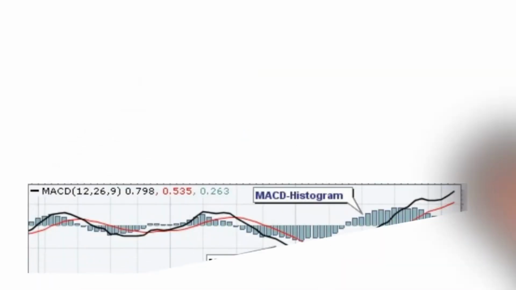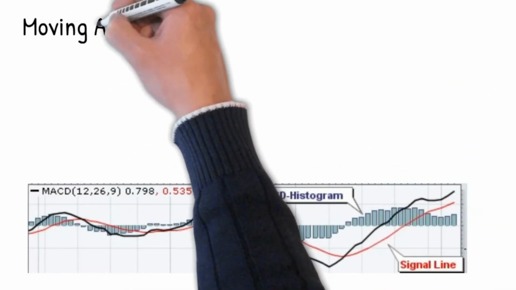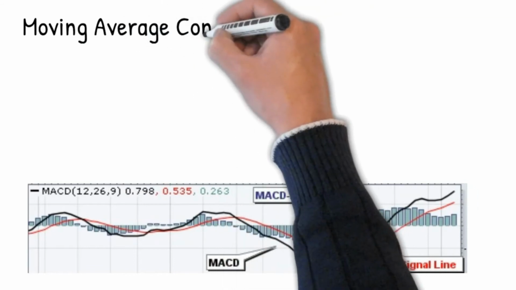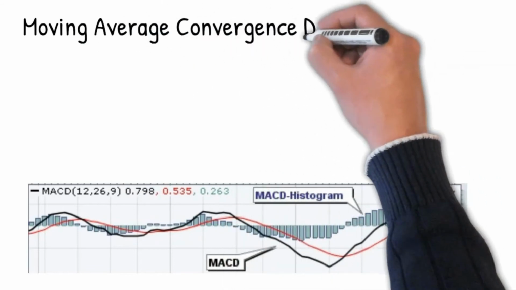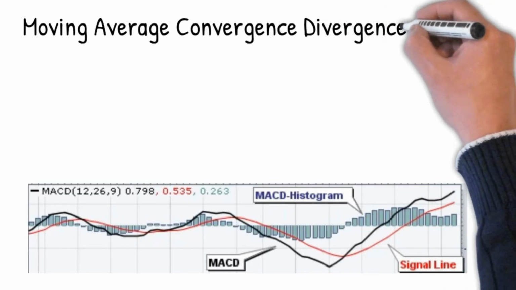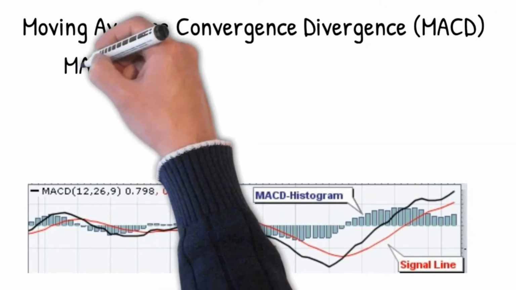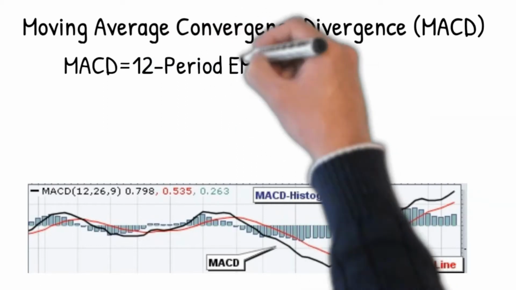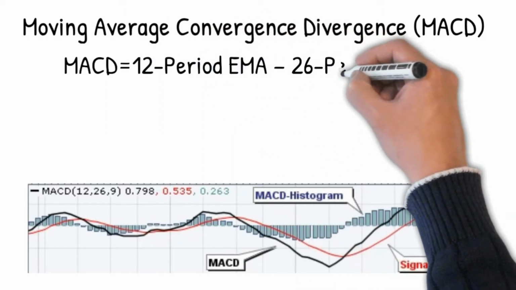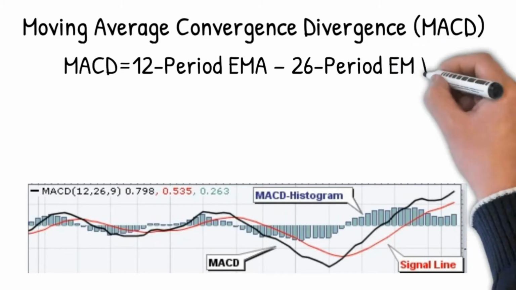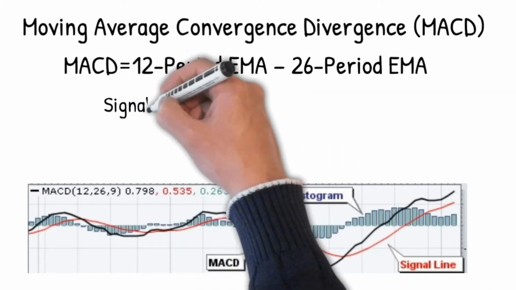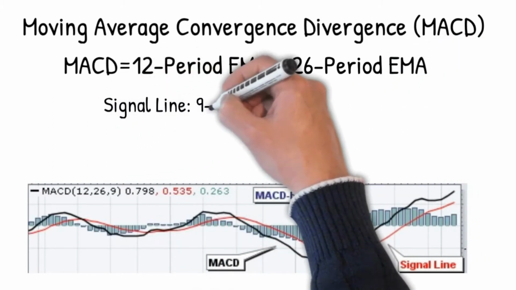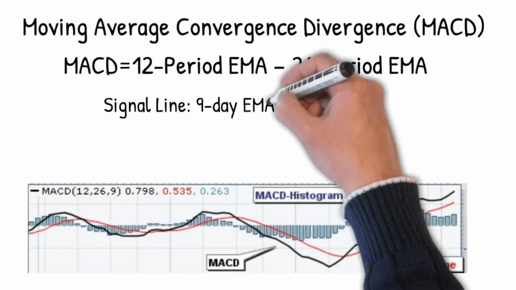Moving Average Convergence Divergence, MACD, is a trend-following momentum indicator that shows the relationship between two moving averages of a security's price. The MACD is calculated by subtracting the 26-period exponential moving average, EMA, from the 12-period EMA. The result of that calculation is the MACD line.